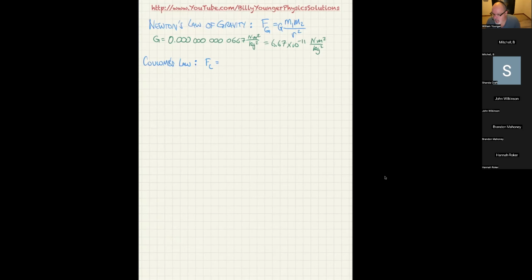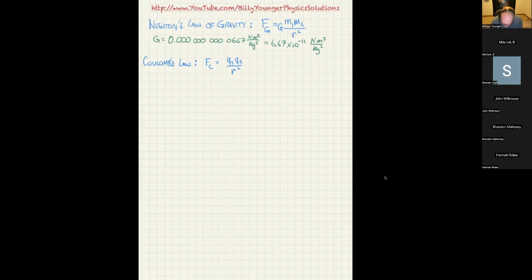Hopefully you all know that like charges repel, so two negatives will repel each other and two positives will repel each other, and unlike charges attract. That force is directly proportional to the product of the charges, so I'll say Q1 Q2, and it happens to be inversely proportional to the square of the distance between them.